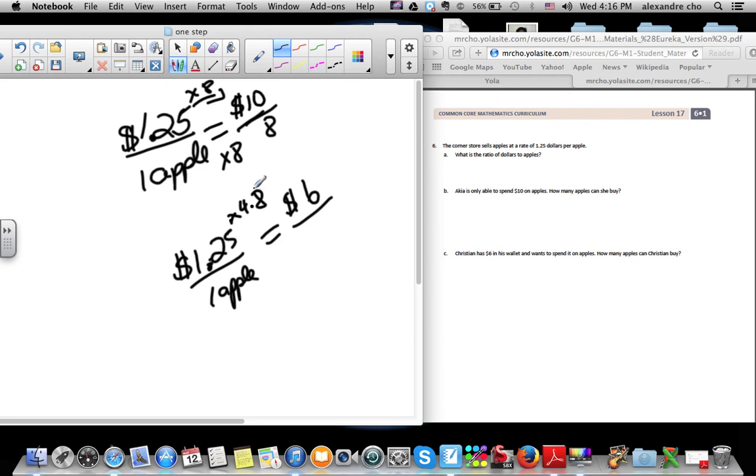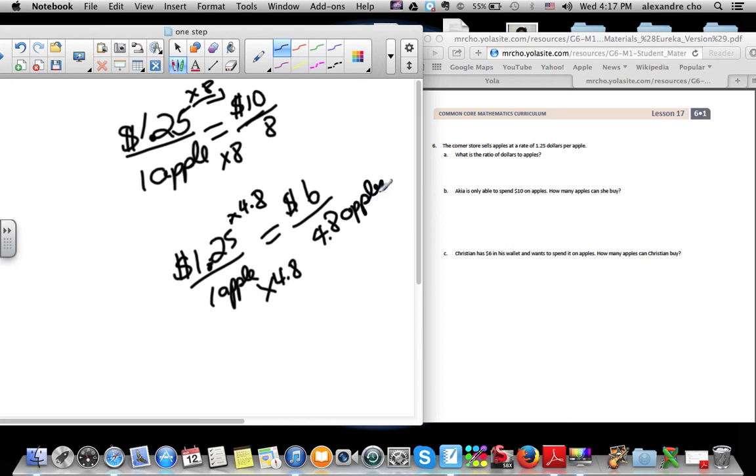Times 4.8, and that would give you 6. So you multiply the top of 1.25 by 4.8 to get to 6. 1.25 times 4.8 gets 6, and 1 times 4.8 is 4.8 apples.